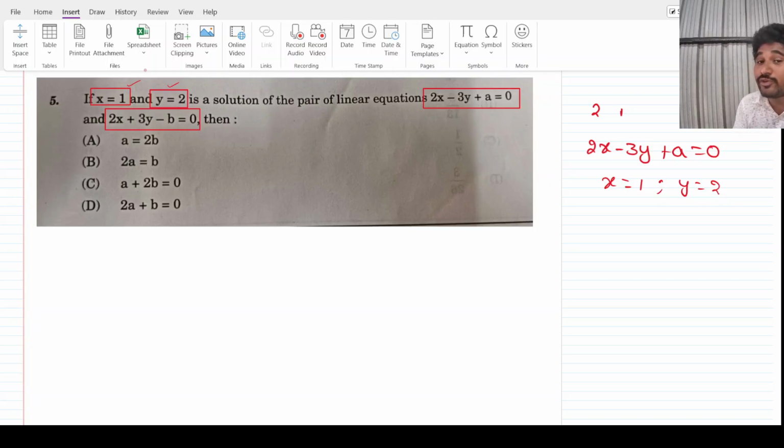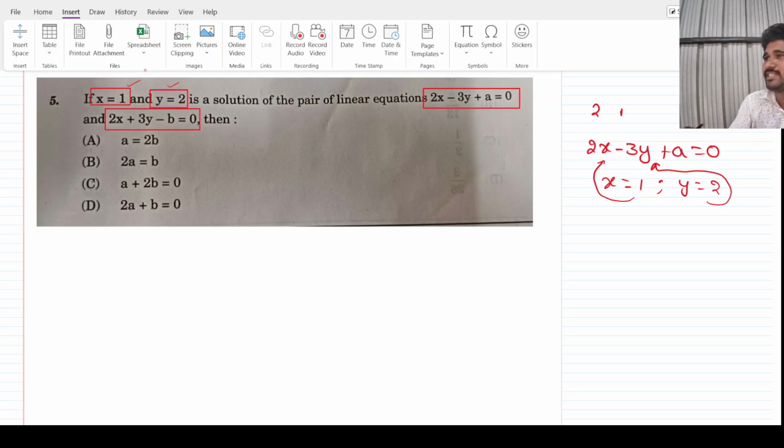You can substitute x as this value and y as this value. It will satisfy, meaning the right side answer is equal to 0, right? The substitution of 1 in place of x, 2 in place of y, should result in 0 only. That is the meaning.